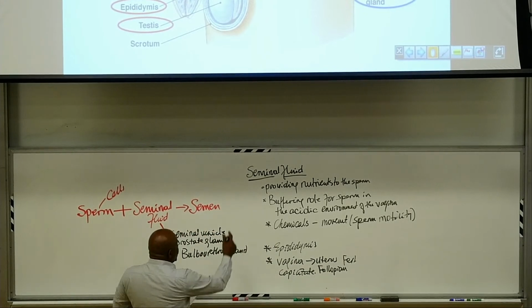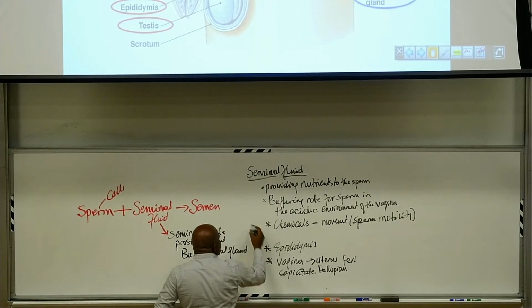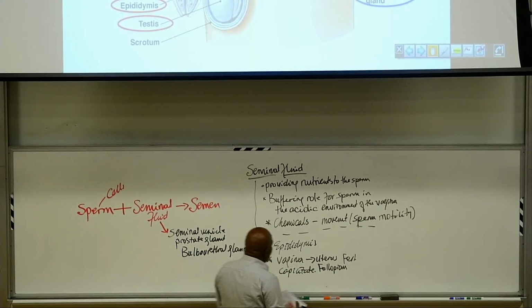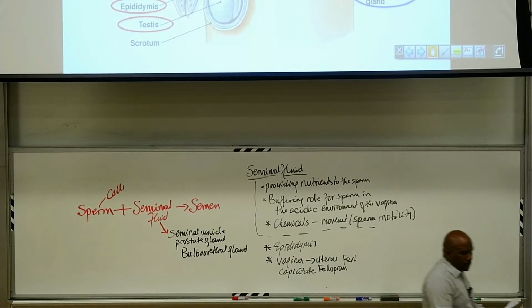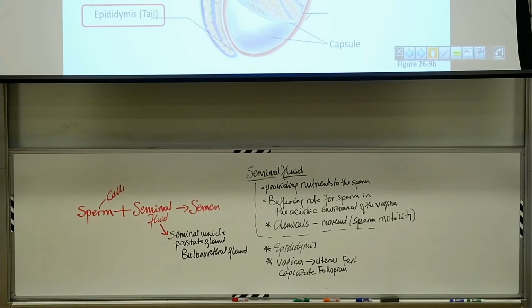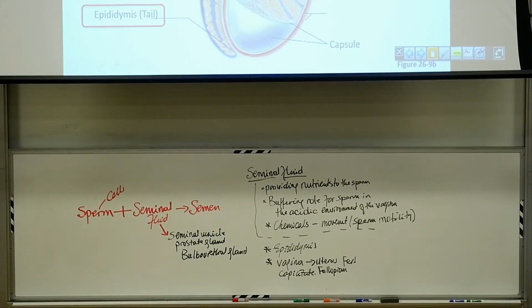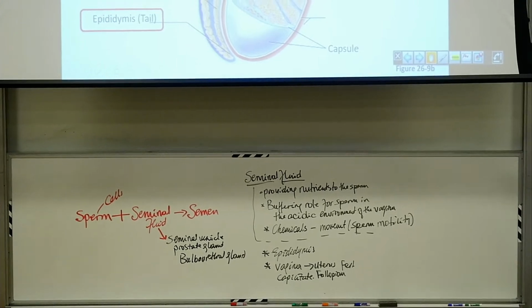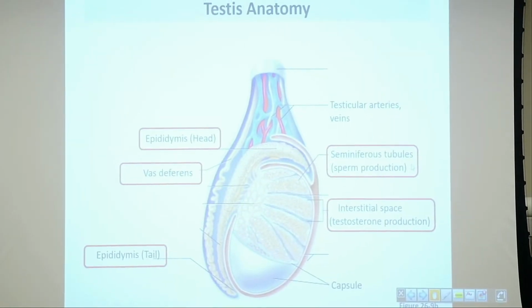So these are the functions of the seminal fluid, just for you to have some idea what this specific fluid present in the semen is providing for the sperm. Looking more closely at the testis of a male, we will see different structures. The first structure is the site of sperm production, called the seminiferous tubules.